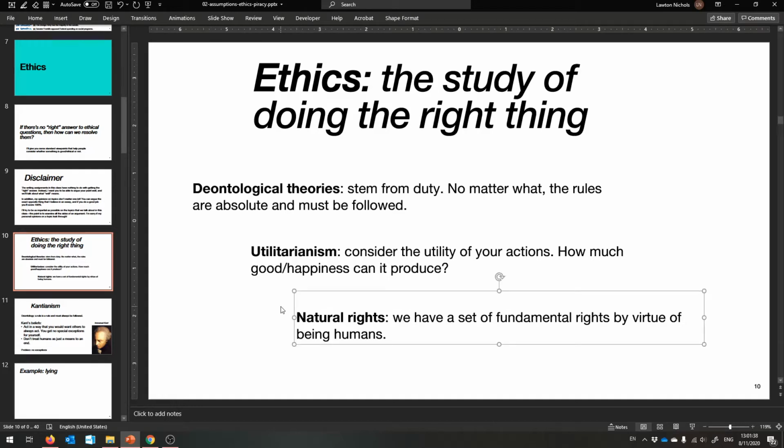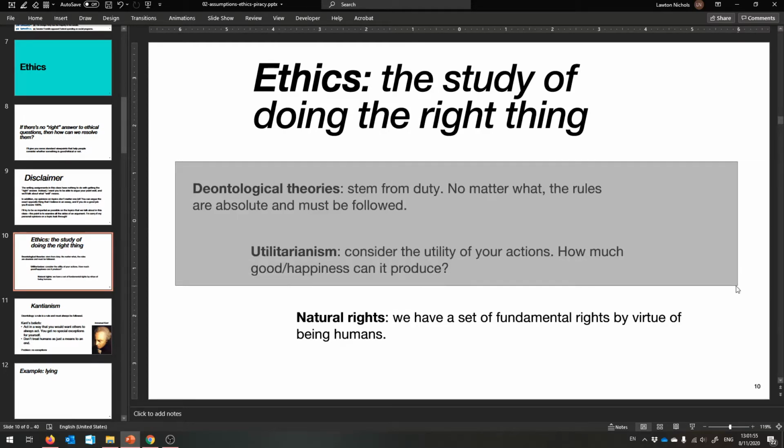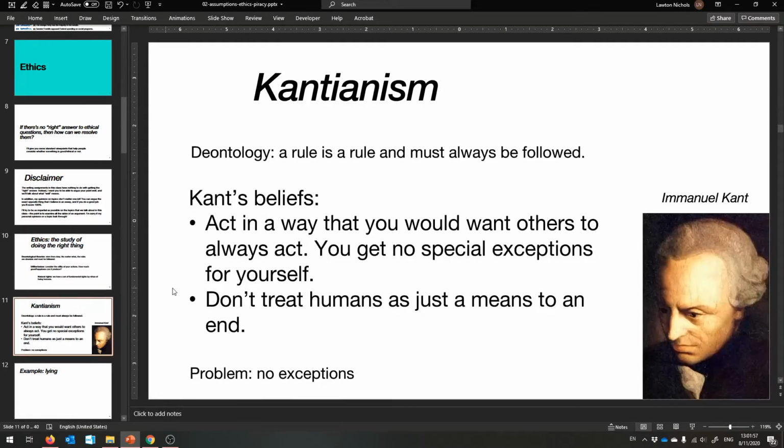You might read about it in the book if you choose to get the book. It's like Thomas Hobbes and Locke as well, saying things like we have these rights by being born. They were given to us, and maybe we made some kind of social contract with our government, things like that. But we will focus in this class on these first two, because they're helpful for looking at a problem.